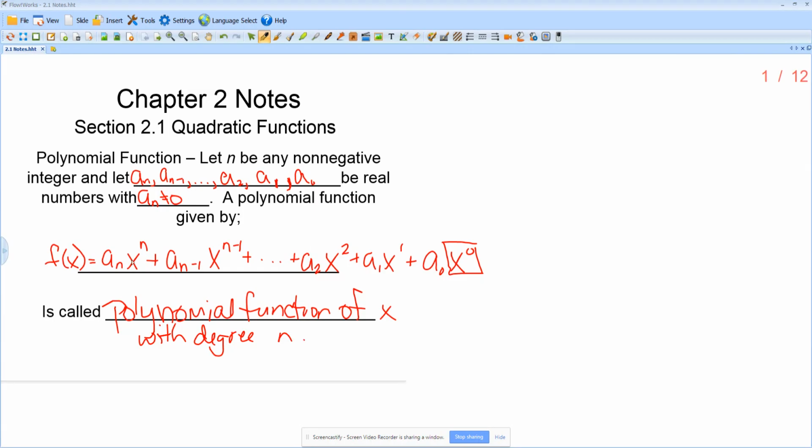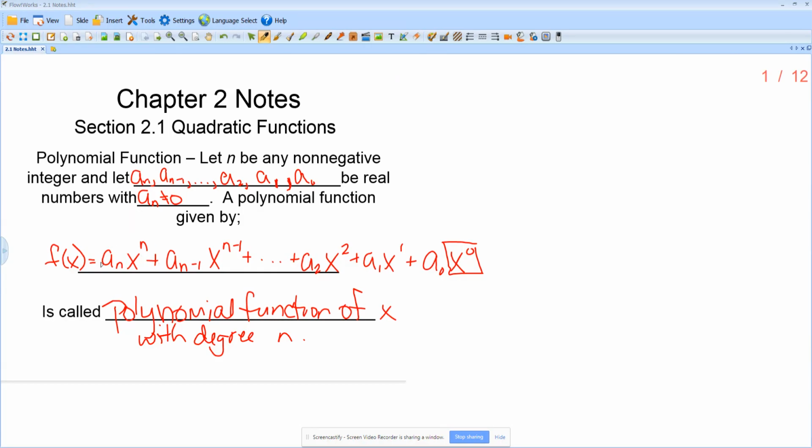And what all of this is really saying is just n must be a non-negative integer, and a sub n must be real numbers. So we're saying that our exponents, since they must be non-negative integers, cannot be fractions, so no types of roots or radicals, and they can't be negative, meaning x cannot be in a denominator, because that would come about from a negative exponent.